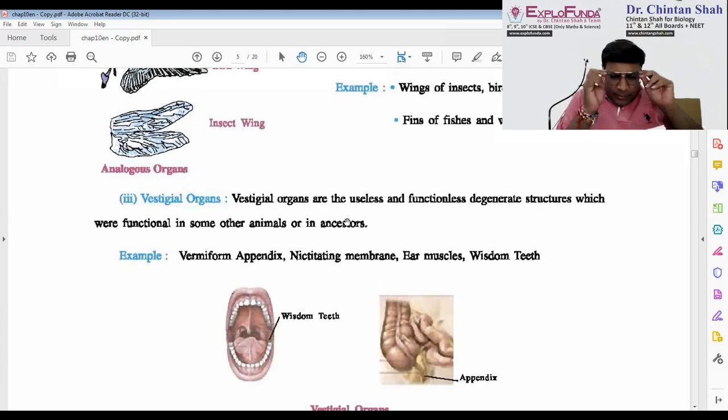Let me tell you about such examples. Let me tell you one example. In the frog, you can see it has a nictitating membrane. What do you mean by nictitating membrane? The nictitating membrane is the transparent membrane present on the eye of the amphibian frog.